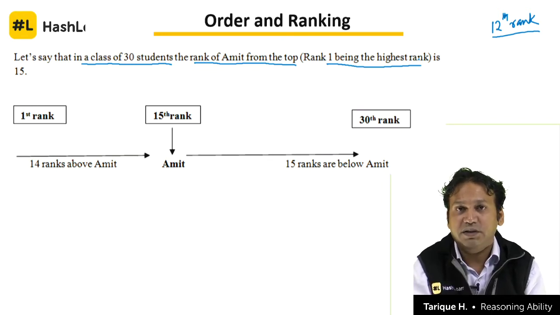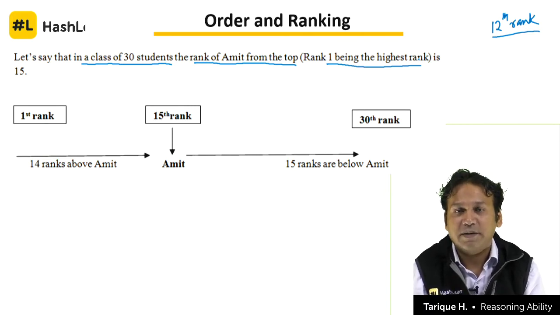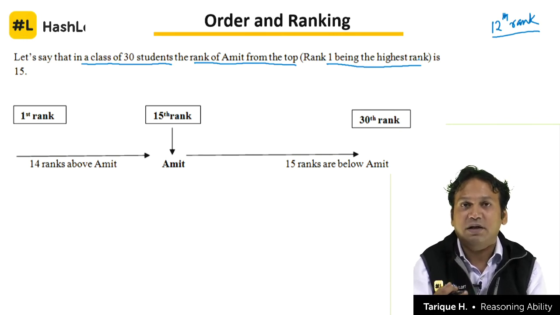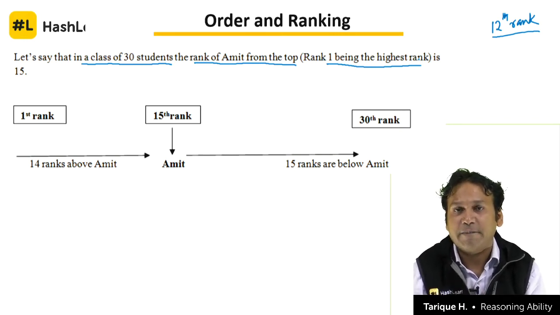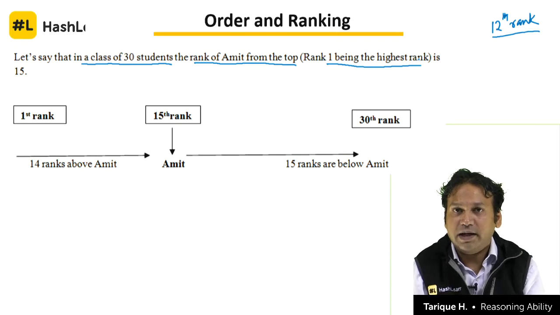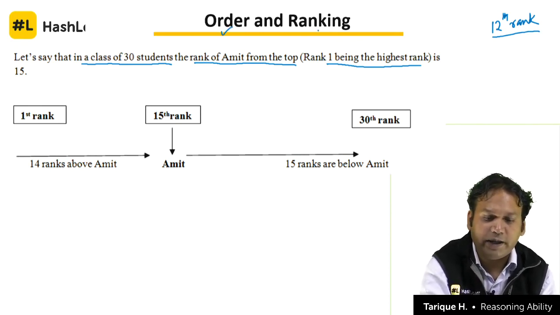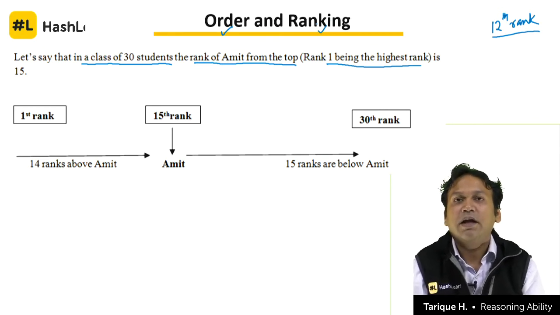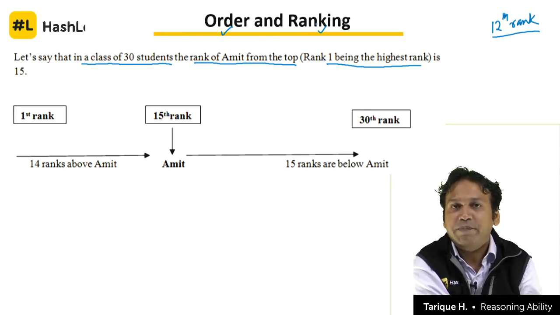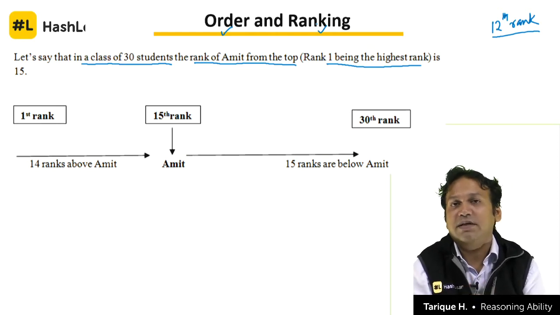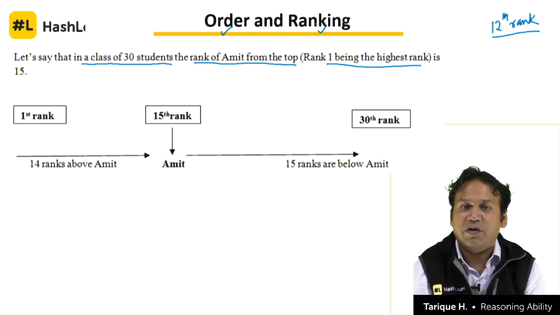There the first person in the line has the least height, the second person is taller than the first, the third taller than the second. This is the concept of ranking. Ranking can come only when order is there. That is why we say order and ranking. Ranking and order go hand in hand, and things can be arranged in decreasing order or increasing order.